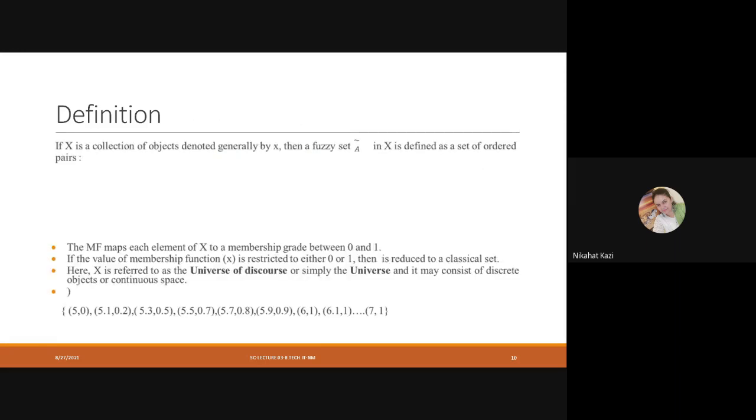This is the formal definition of a fuzzy set. If X is a collection of objects, denoted generally by X, then a fuzzy set A tilde, this is the notation used, A with a tilde on top, in X is defined as a set of ordered pairs (x, mu A of x) such that small x belongs to capital X. So capital X is a collection of objects, generally denoted by small x values.